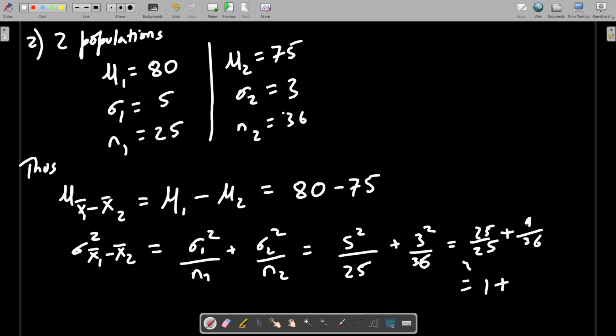This is 1. This is 1 by 4. So this will become 1.25.